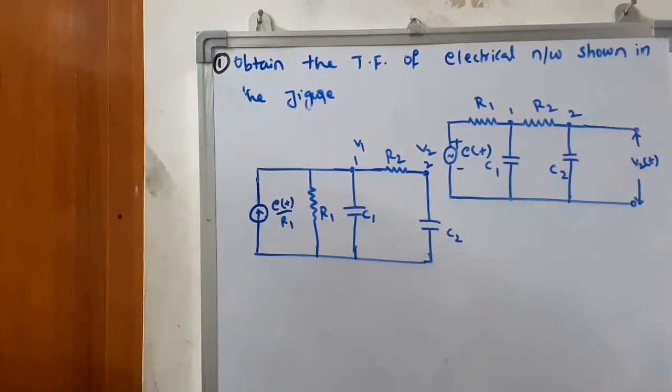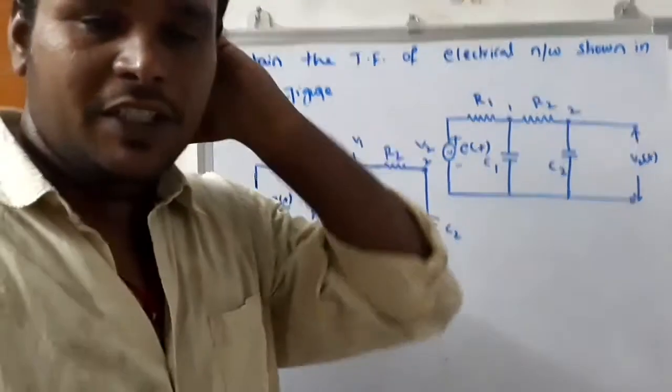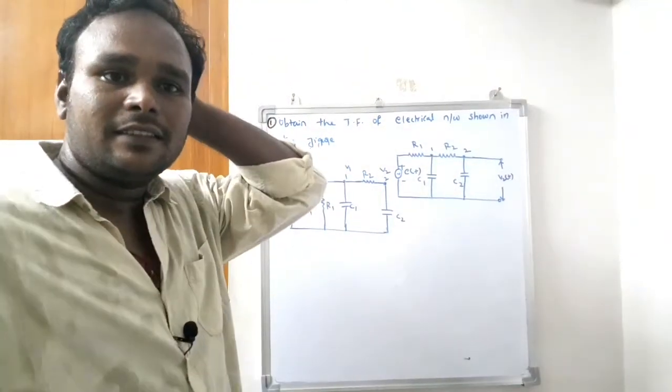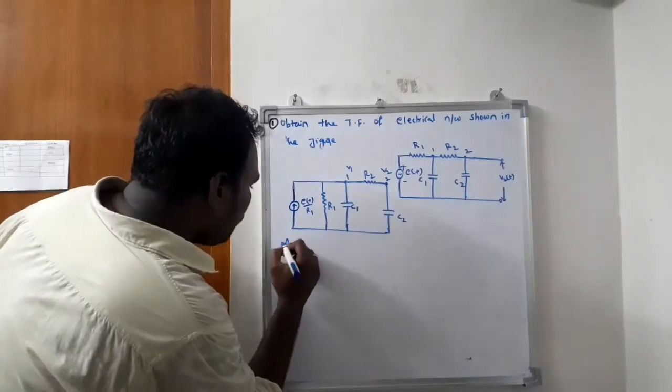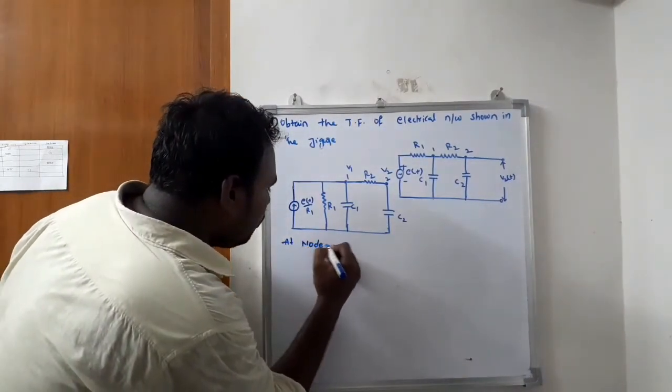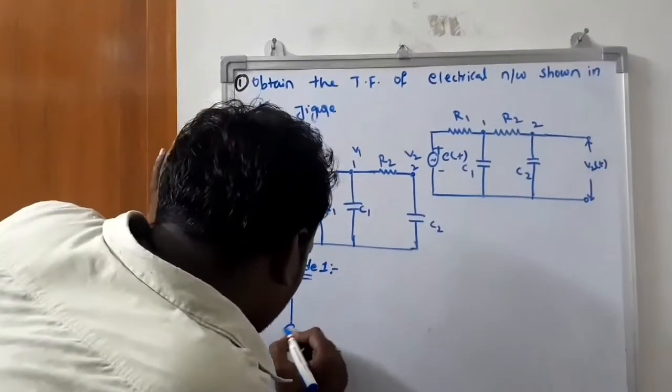The circuit should be like this after the source transformation technique. By using the nodal analysis at node 1, we can take the circuit like this.